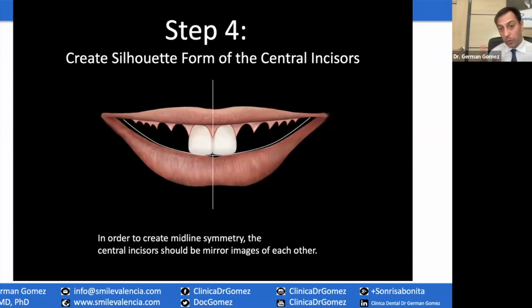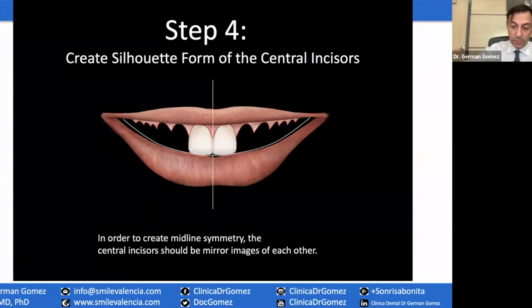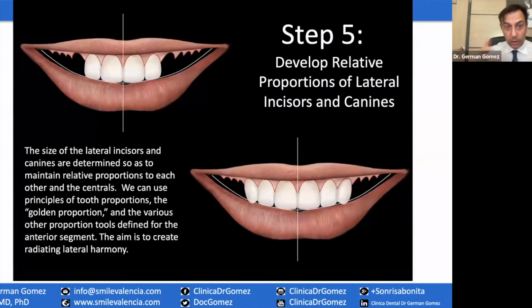If it is more rounded, it's more feminine, for sure. Oval is more feminine. A triangle, square is more masculine. Pointed in the canine is more masculine. Rounded in the canine is more feminine.